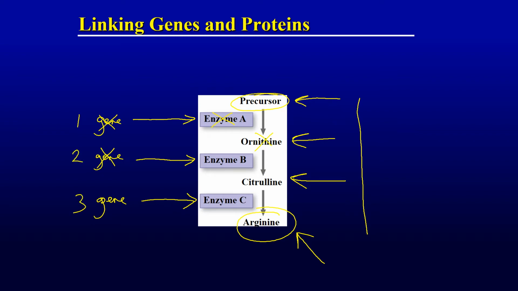Their third class would be a mutant where the gene responsible for making enzyme C was bad. So they could still make enzyme A, they could still make enzyme B, but enzyme C doesn't work. And so they're still unable to make arginine and unable to grow. So there are their three classes of mutant.